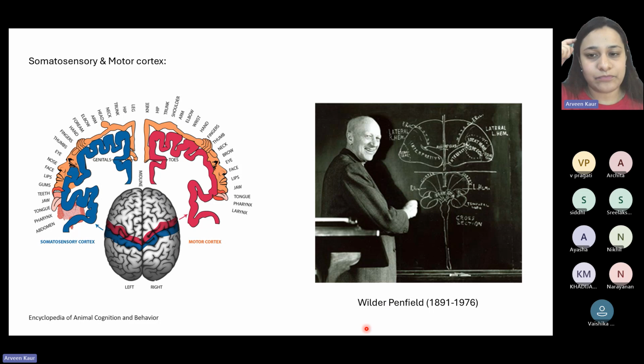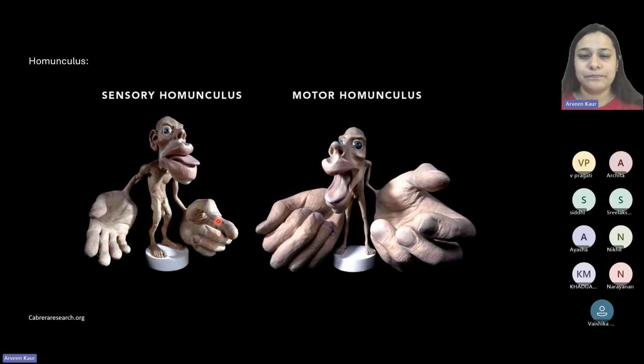Even if it was an accidental stimulation or purposely stimulating the brain, he always noted down that when an electrode went into this region, this region in the body got stimulated, etc. So his notes and insights have helped people allocate these particular regions to the somatosensory and motor cortex over here, right?